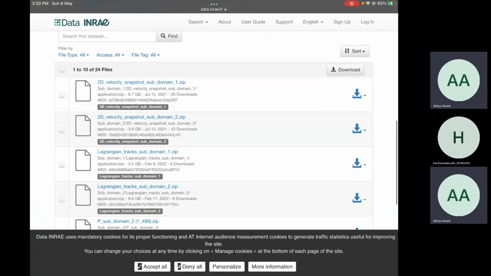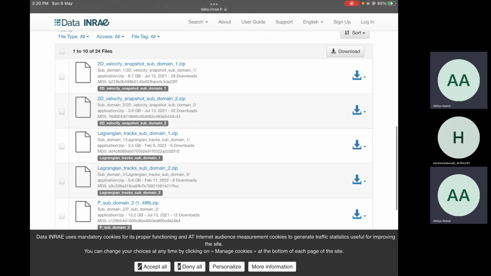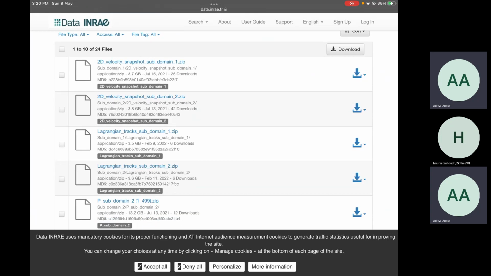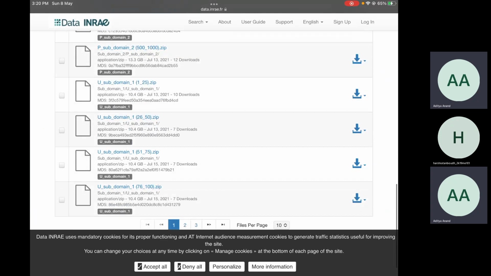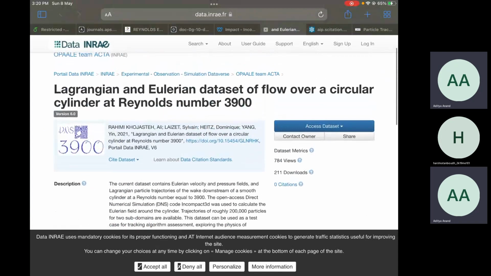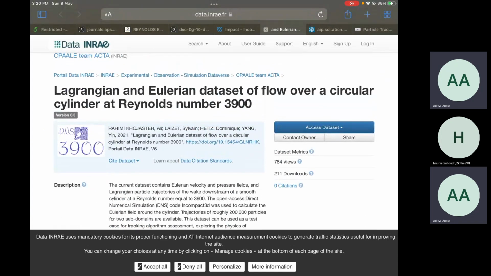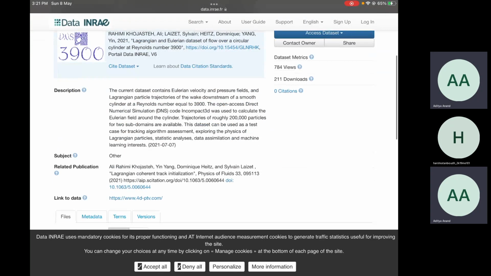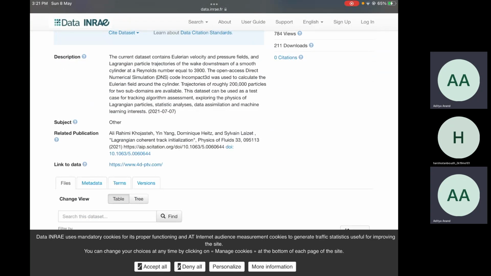All the data files are available in a zip folder. They are very heavy data files. I mean, if you actually figure out something that you want to do with these Lagrangian particle paths, then this might be very useful. So I just came across this yesterday and have been exploring it since.